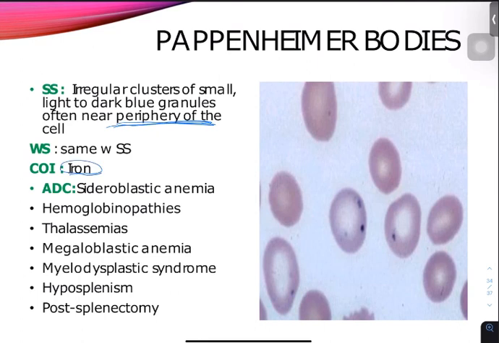Pappenheimer bodies, iron, usually seen near the periphery. Associated with sideroblastic anemia, which is caused by an increase in iron. Also hemoglobinopathies, thalassemia, megaloblastic anemia, myelodysplastic syndrome, hyposplenism, and postsplenectomy.